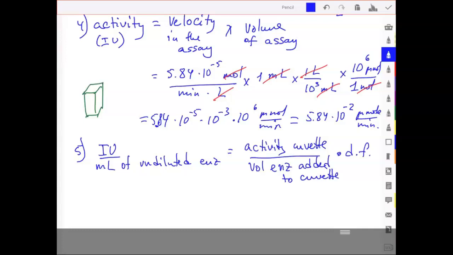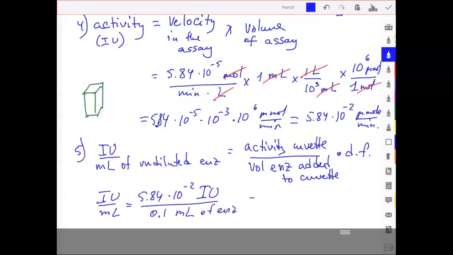Okay, so in this case, our IU per ml is just going to be 584 times 10 to the negative 2 IU, right? So these are micromolar product per minute as IUs, divided by 0.1 milliliters of enzyme in the assay.